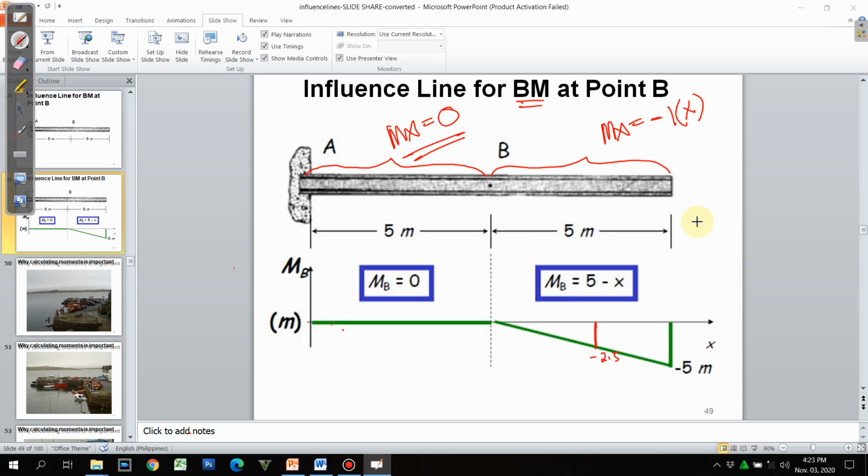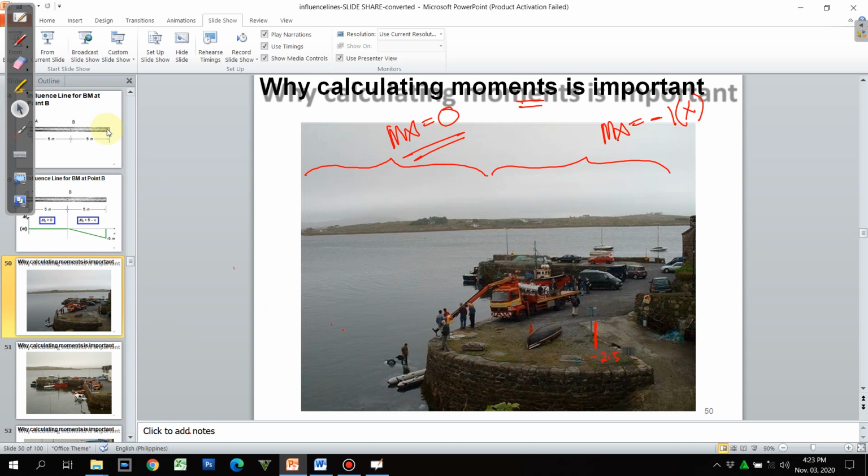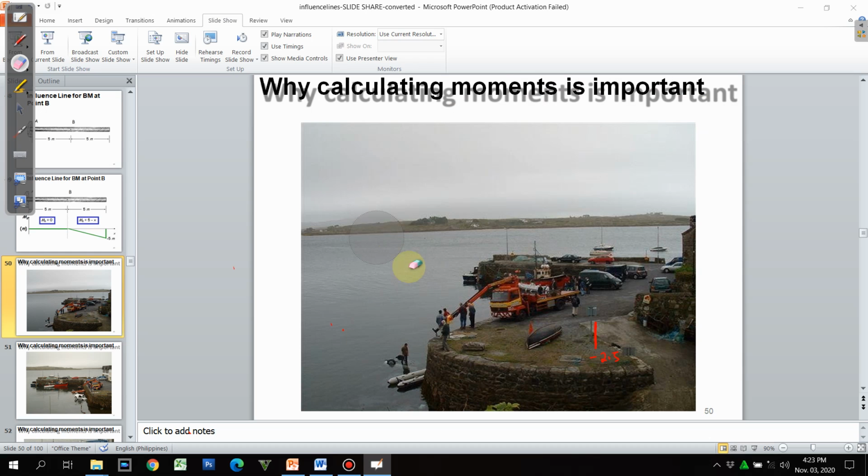So I hope the next step would be for you to have practice, and first you get ready for seat work for this. Before I end my presentation, let us have a brief reflection on why we need to calculate moments.